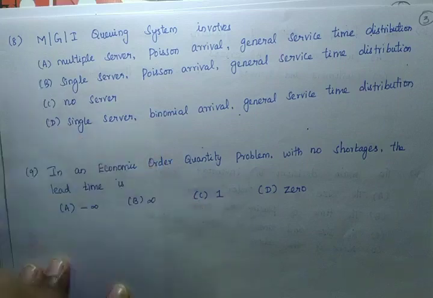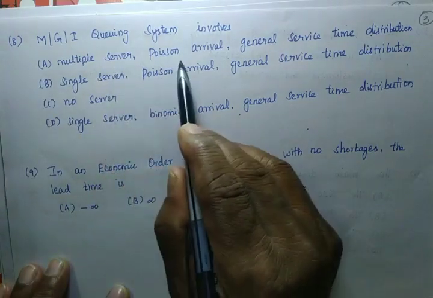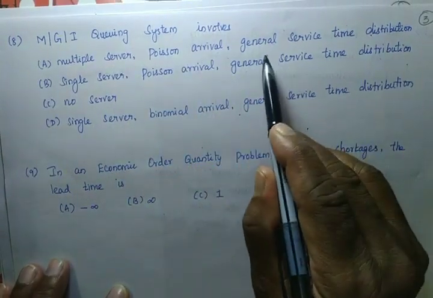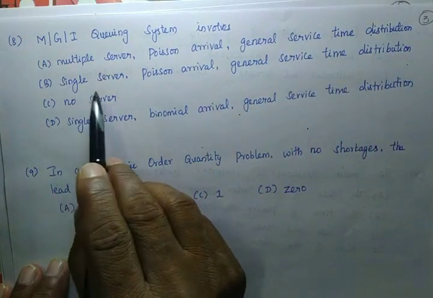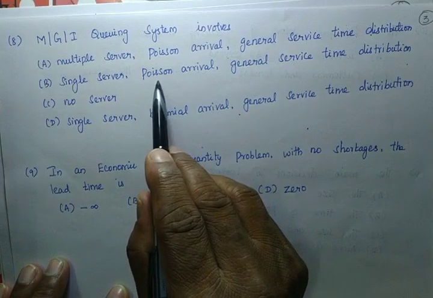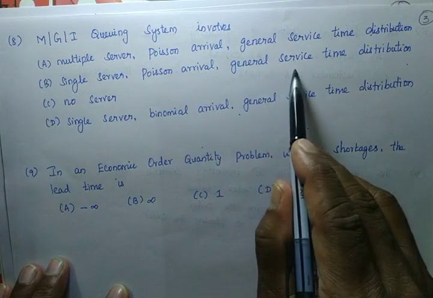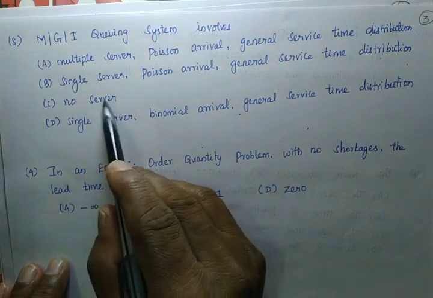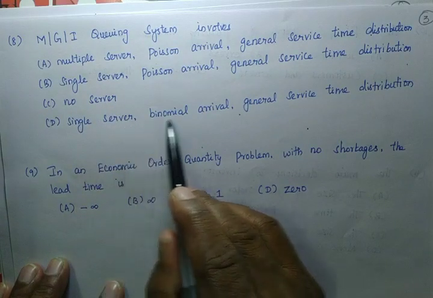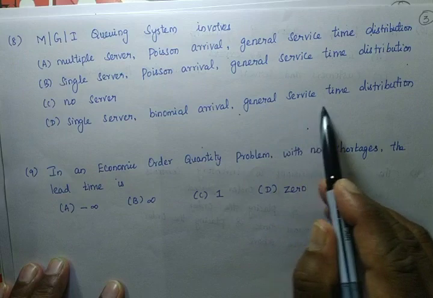Multi-server, Poisson arrival, general service time distribution; or single server, Poisson arrival, general service time distribution; or no server; and single server, binomial arrival, general service.